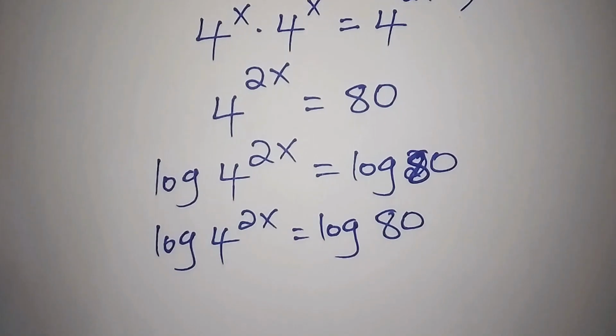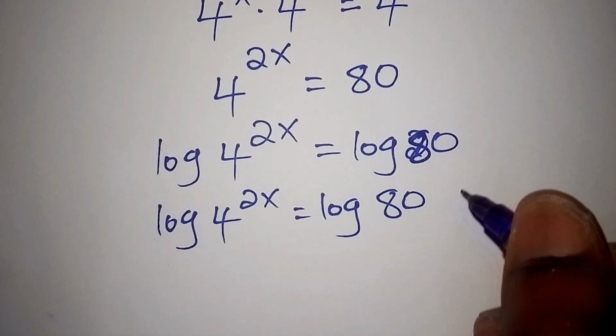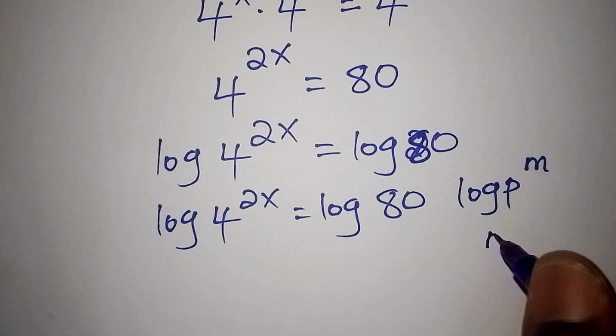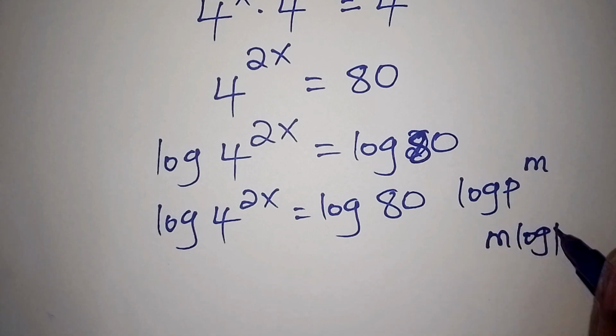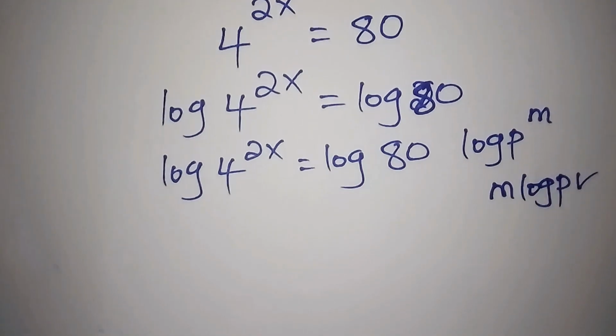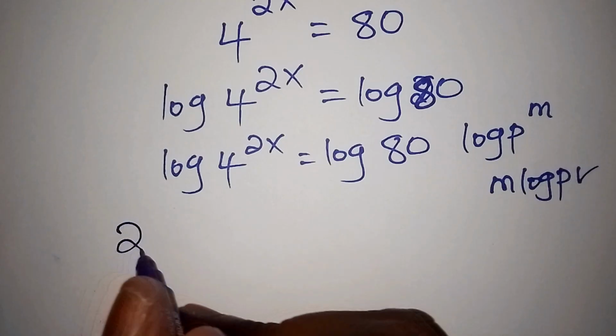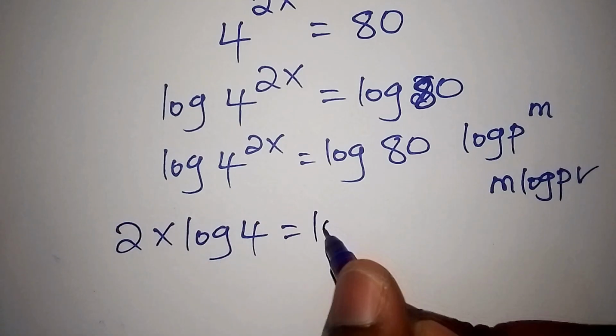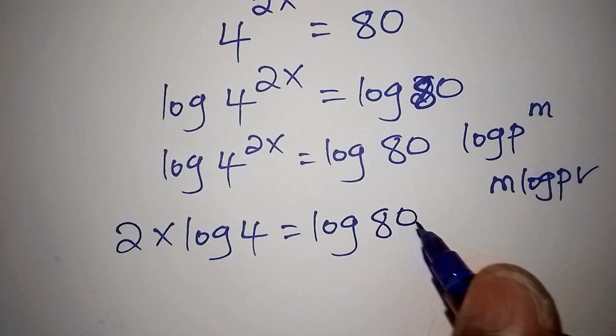So in this case we shall say that when you have, for example, the log of p to the power of m, this can be written as m the log of p. So thereby we shall have 2x the log of 4 is equal to the log of 80.